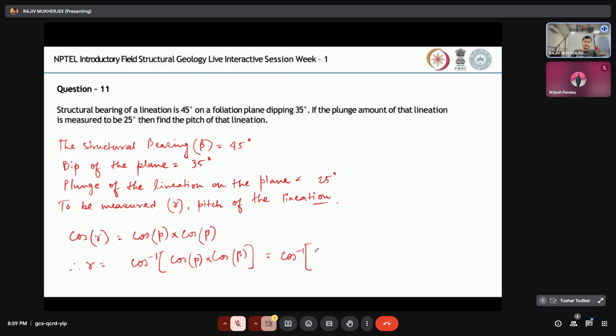Cos P is 25 degrees, bearing is 45 degrees, and we simply have to calculate the cos inverse of this value.